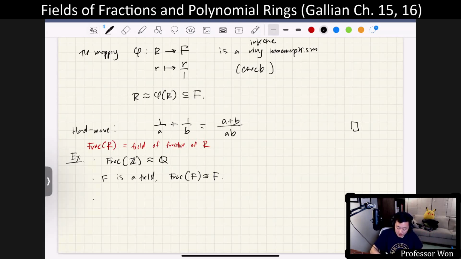Okay, here's something that I alluded to a second ago. If F is a field, I can consider the ring R to be polynomials in one variable over F. So R is an integral domain, but it's not a field anymore because x does not have an inverse. But the field of fractions ends up looking like all quotients of polynomials, f(x) over g(x), where g(x) is non-zero.